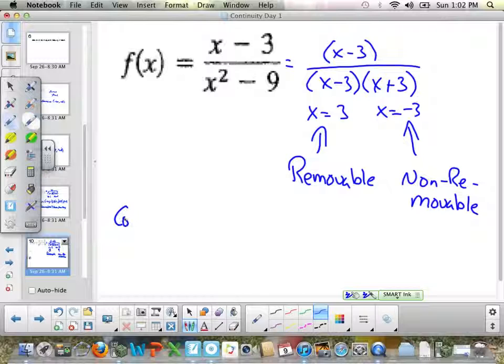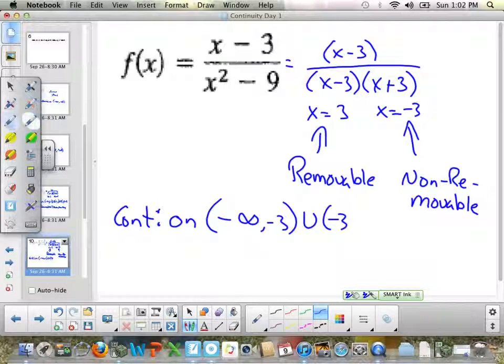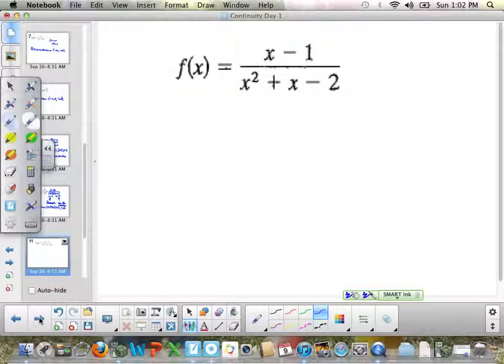So we can say it is continuous, and I'm going to abbreviate here, on negative infinity to negative 3 and negative 3 to 3 and 3 to infinity. Same problem. I'll let you try this one on your own.